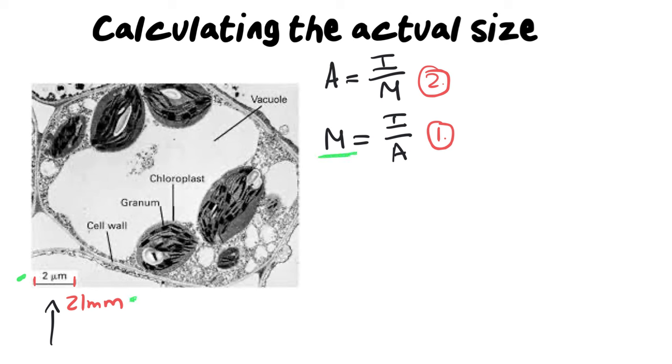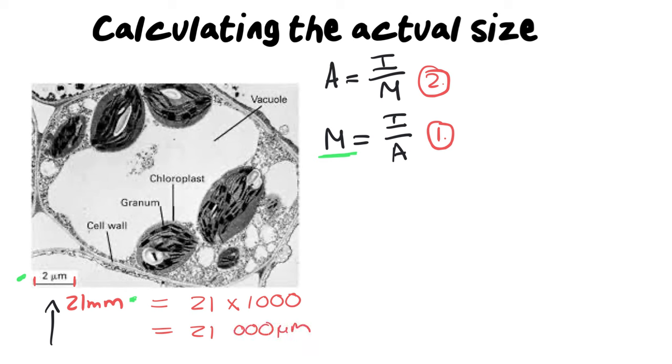And so this is how I'm going to do that. First things first, I need to convert the 21 millimeters, because remember, we can't use 21 millimeters. It must be micrometers. So what we do is we go 21 times 1,000, right, because we want to convert it, and we now get 21,000 micrometers.